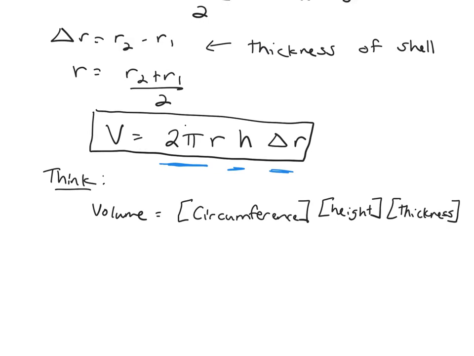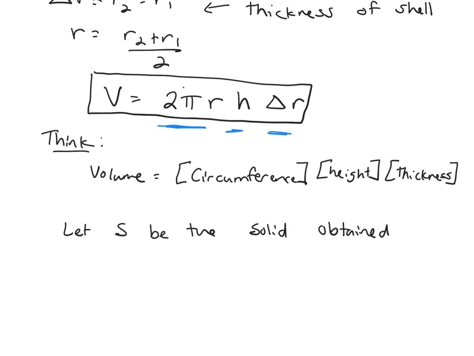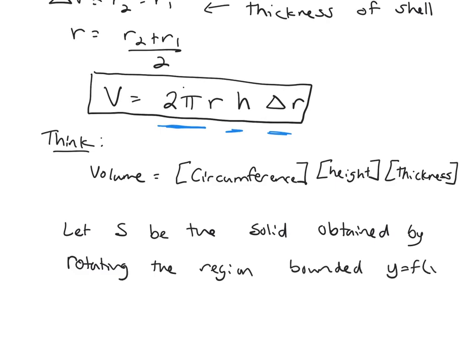Okay, so let's say I have a solid S, and I'll draw a picture in just a second, obtained by rotating the region bounded by some curve, y equals f of x.